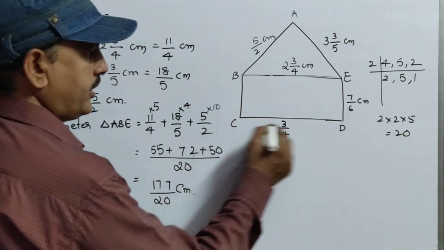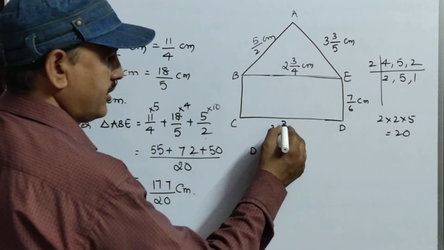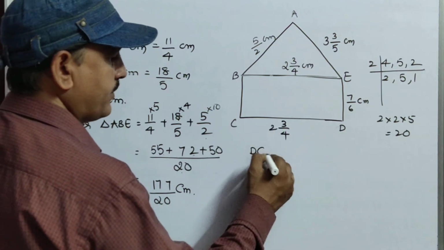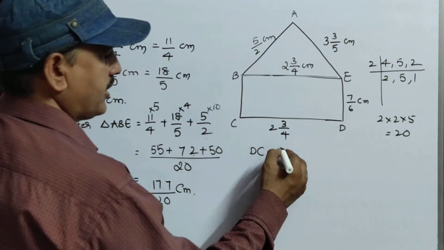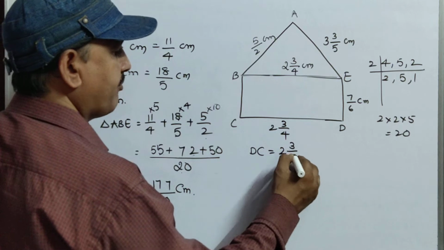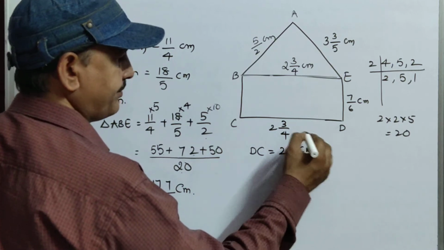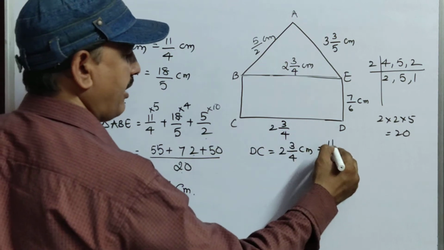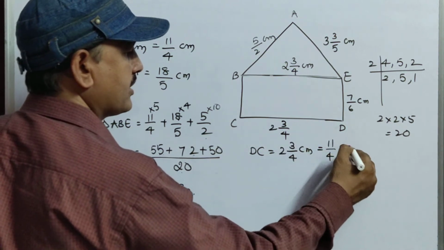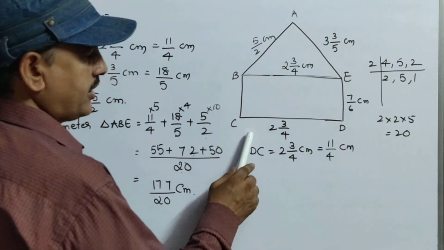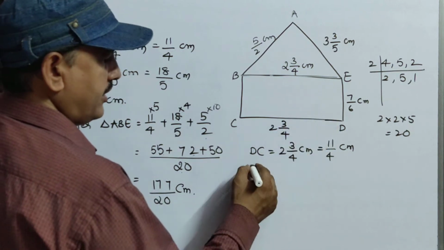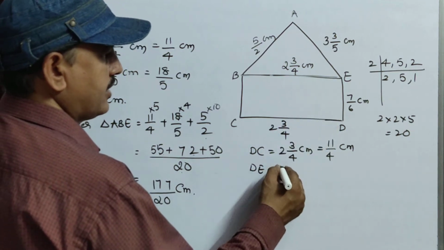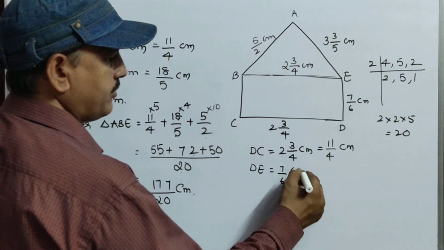So DC is a length, that is 2 3 by 4 centimeters. 4 twos are 8, 8 plus 3 is 11. So 11 by 4 centimeters. That is the length. Breadth is DE, that is 7 by 6 centimeters.